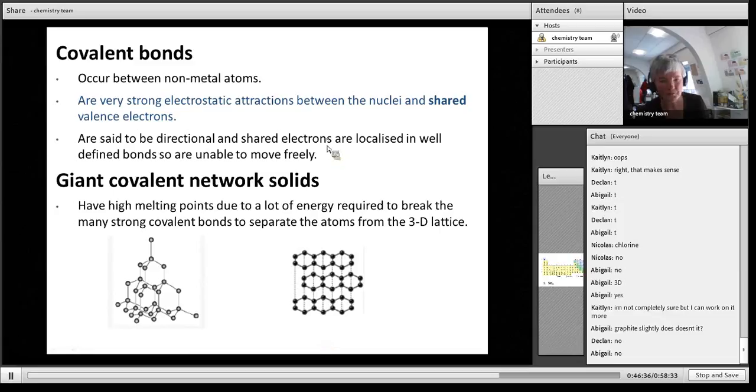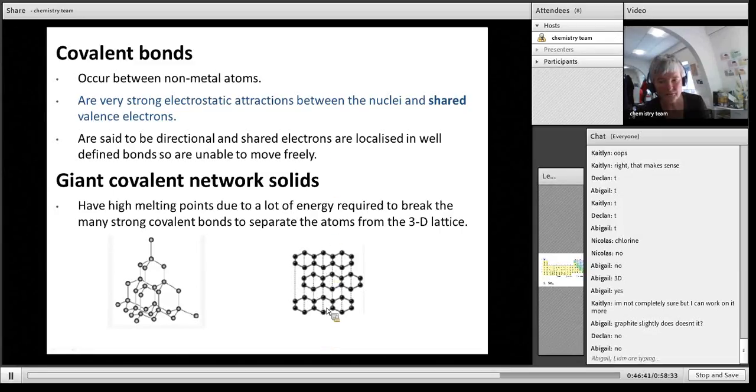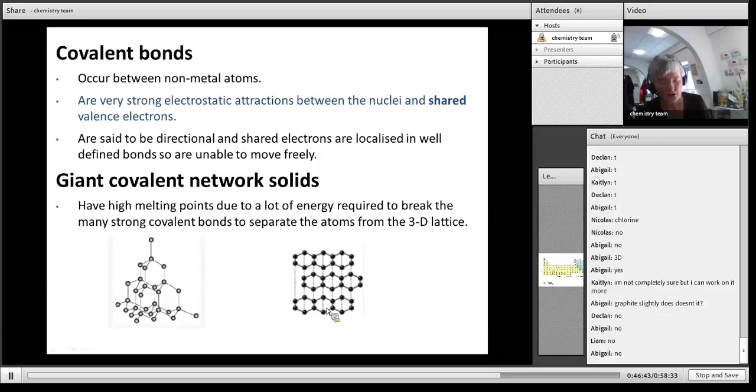If I'm applying a force from the top, no, because I'm going against perpendicular, and the layers can't slide. But if I'm pushing from the side, then the layers can slide over each other. So graphite is not the same as a metal, just in case you were getting that idea in your head.